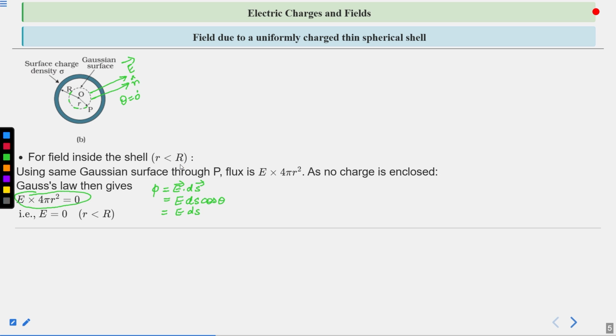But here we talk about the point lying inside the spherical cell. So due to absence of charge there is no flux, and E is equal to 0 when we talk about r less than R. Clear?